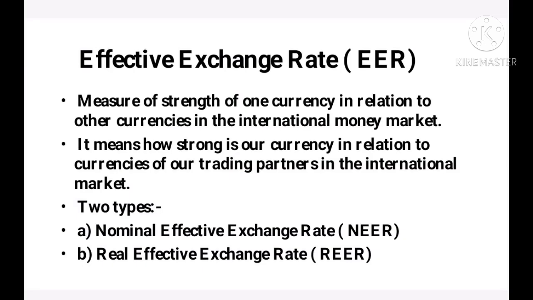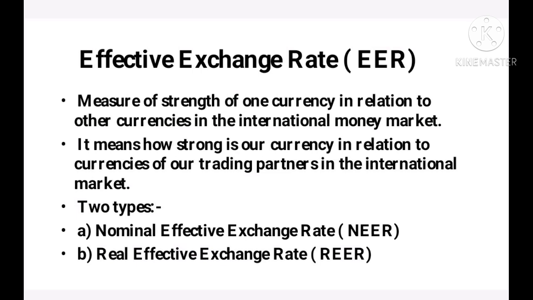Now the next, effective exchange rate, EER, a measure of strength of one currency in relation to other currencies in the international money market. It means how strong is our currency in relation to currencies of our trading partners in the international market. Two types of effective exchange rate. First, nominal effective exchange rate, NEER.